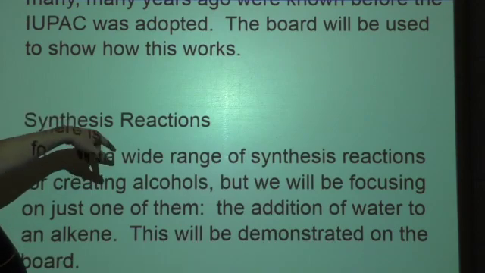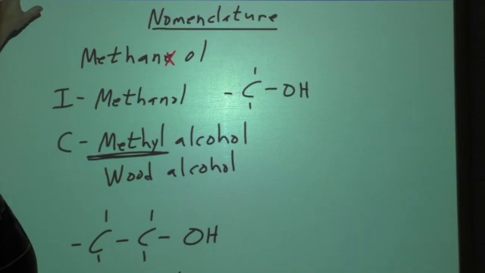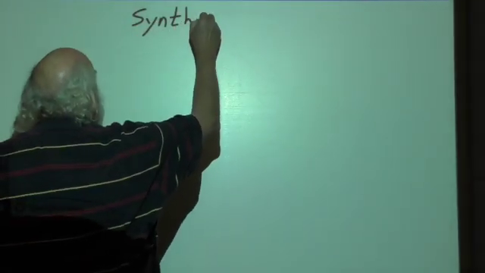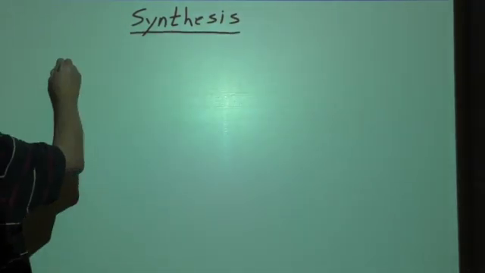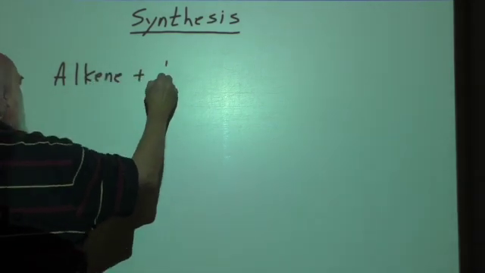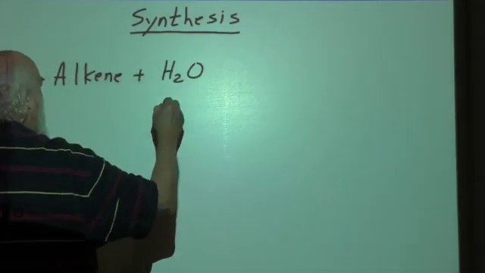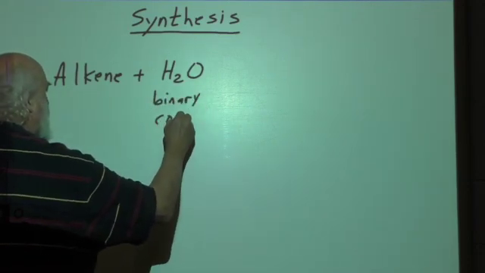All right, last thing we're talking about, synthesis reactions. How do we create these things? Well, we're just going to deal with one reaction. And it's kind of based on what we learned in the last chapter, where we take an alkene and add water to it. Now, water is what we call a binary compound.